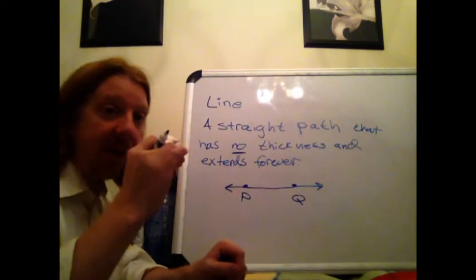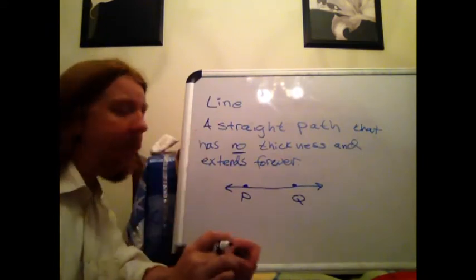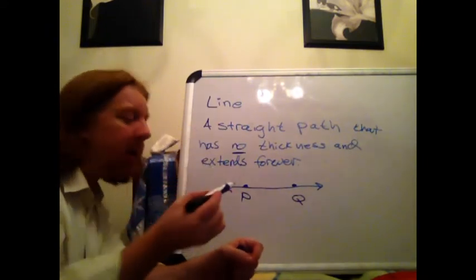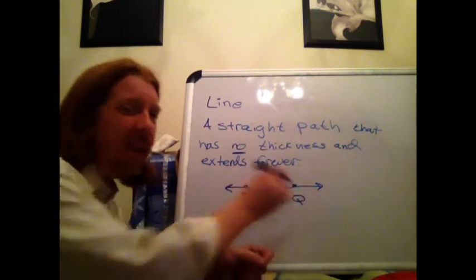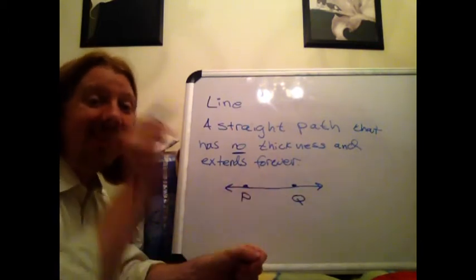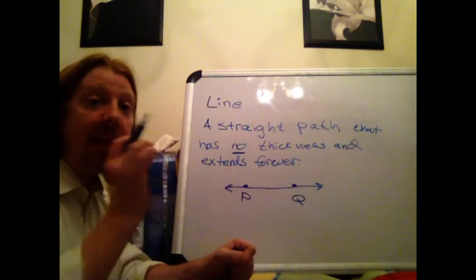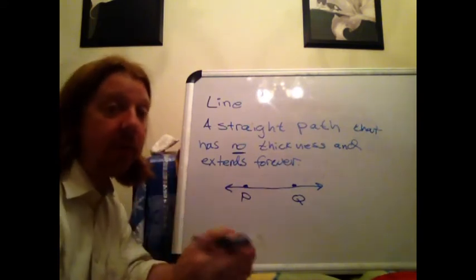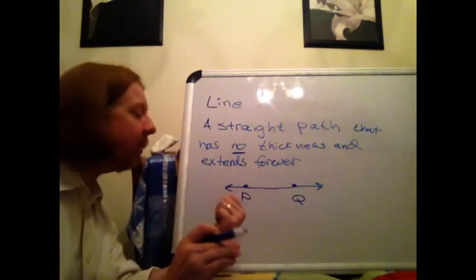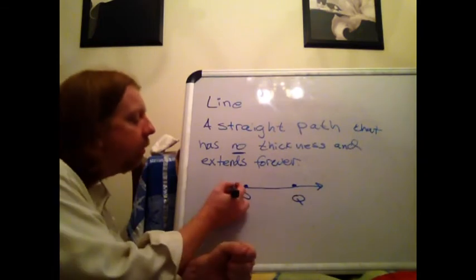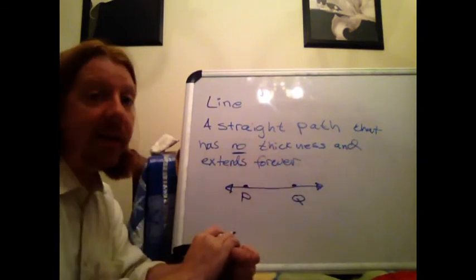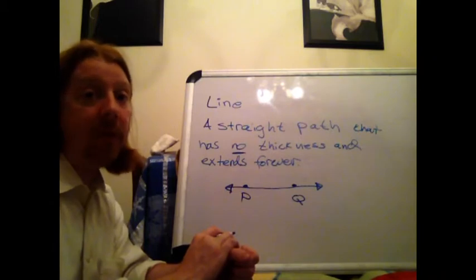It has no thickness. If I were to really draw it properly, I'd have to use a super sharp marker. Then the line would be so thin you wouldn't be able to see it because it's that tiny. Even the line of a molecule is too thick for a geometric line. So we use this as our representation of it. You'll notice that there are arrows that indicate that it extends forever.